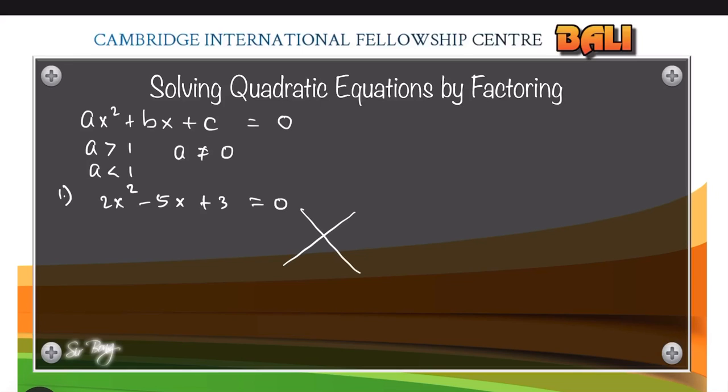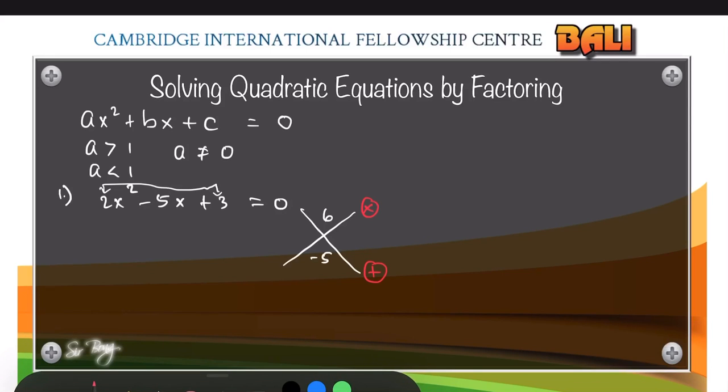So the middle term is here, and then the product of the leading coefficient and the third term, 2 times 3, is 6 on top. Again, the same process. What are the factors of 6 that will give you a sum of negative 5?